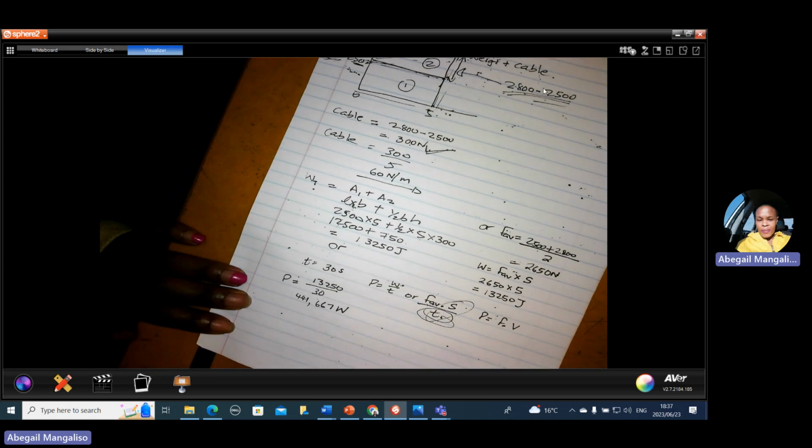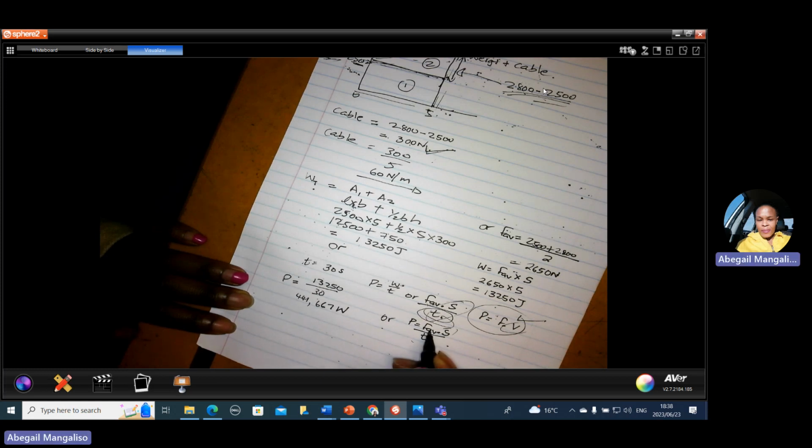If we use the formula P equal to F average multiplied by distance over time, this is velocity, so you can calculate velocity aside. Remember, in some questions you'll be given velocity, and you just go straight to this formula of F times V. Or get work done first and use velocity to get time.